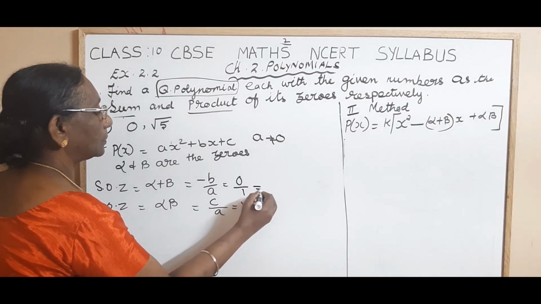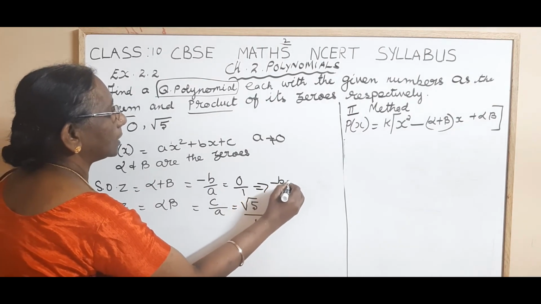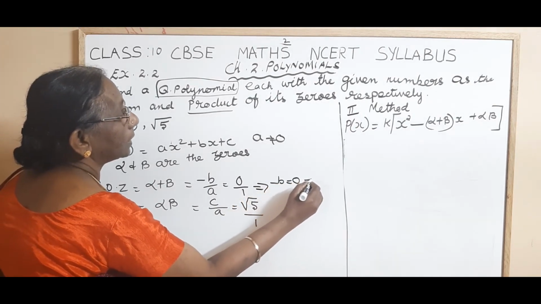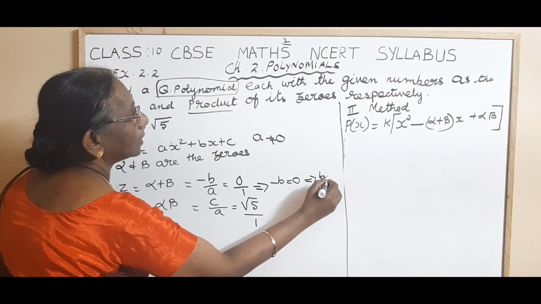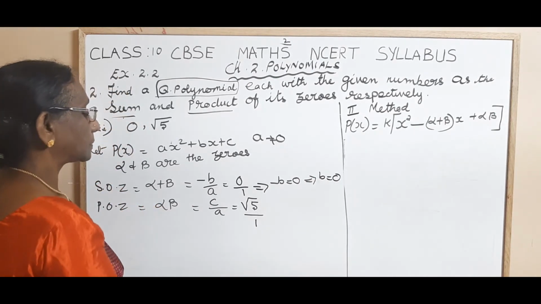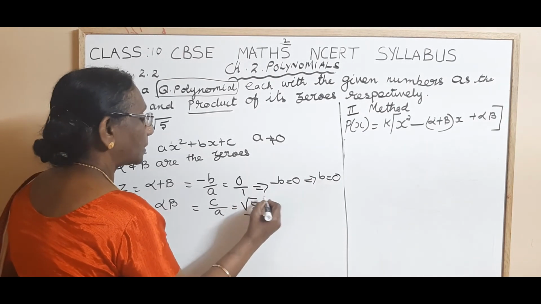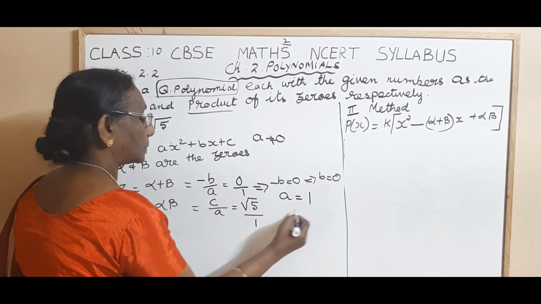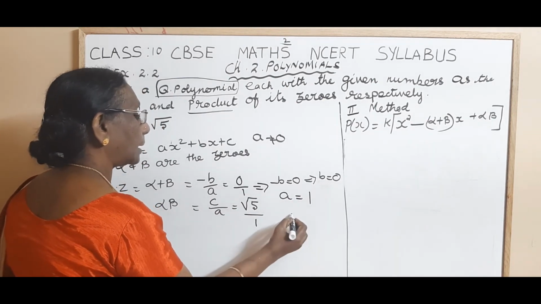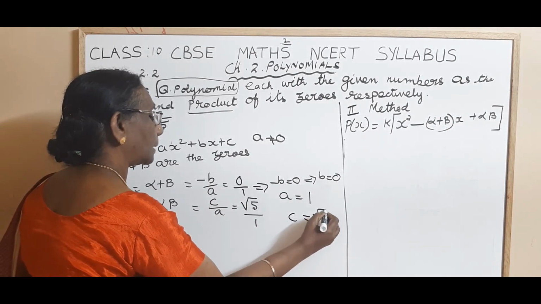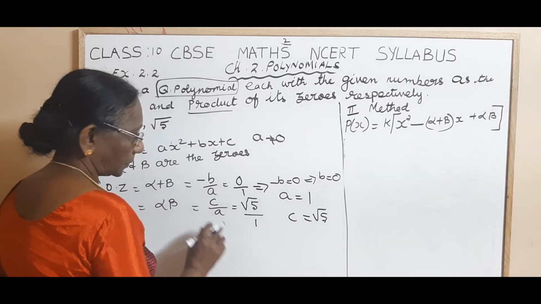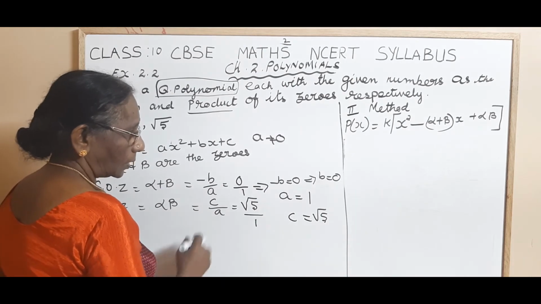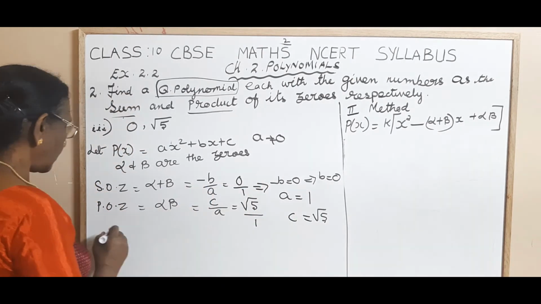So this implies minus b is equal to 0, that means b is equal to 0. And from here, a is equal to 1, and this is c by a, and c is equal to root 5. A is 1. Isn't it, children?